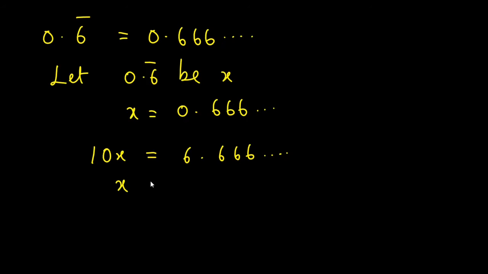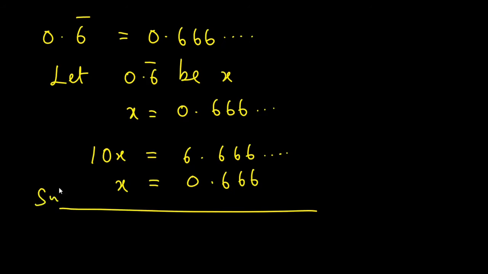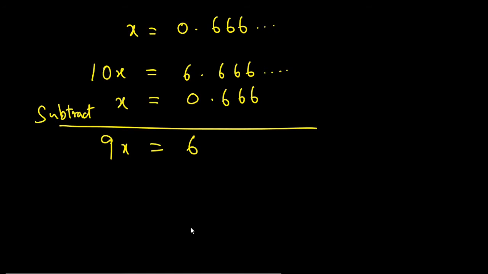Subtract x from this. x is equal to 0.666. So we get 9x is equal to, this decimal portion becomes 0, and 6 minus 0 is 6 here. So x is equal to 6 by 9. This is 2 by 3.